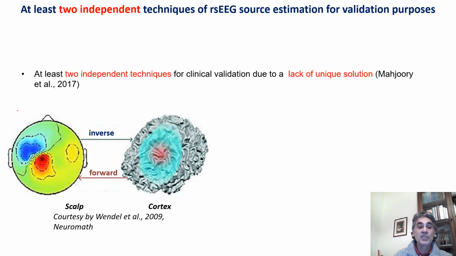We record EEG activity at scalp electrodes, and we have a map of EEG activity, and we want to estimate the cortical sources of this activity, so we have to solve the inverse problem. Several techniques are available to estimate the cortical sources of EEG activity using a fine head volume conduction model, including cortical source space. However, there is no unique solution, and this is why you need more than one technique.